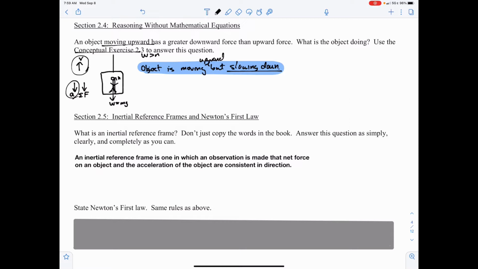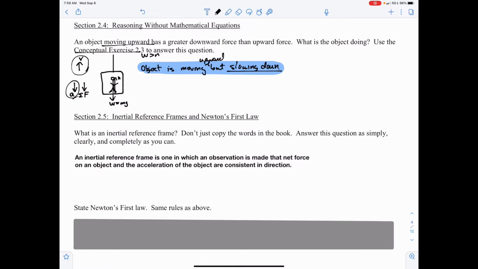Let me give you an example. If you are looking at, let's say, a person in a car, and you are outside the car observing the person inside the car, and the car is moving, and the brakes all of a sudden slam on, and the person goes flying forward right into the dashboard.